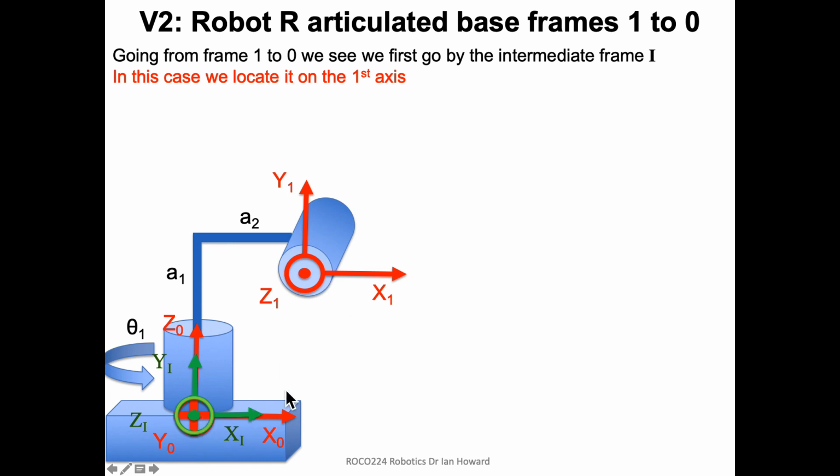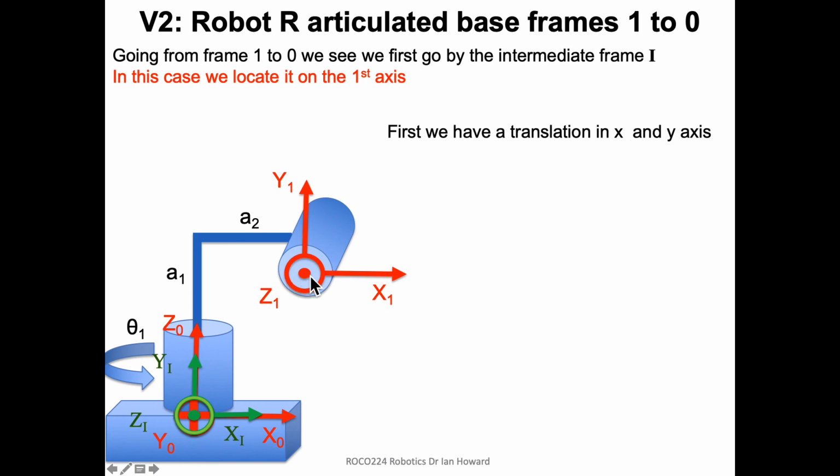So I'm putting the intermediate frame in this case down here on top of the base frame. So this is just saying the first thing we need to do is a translation, and this time it's translating within this frame, right?